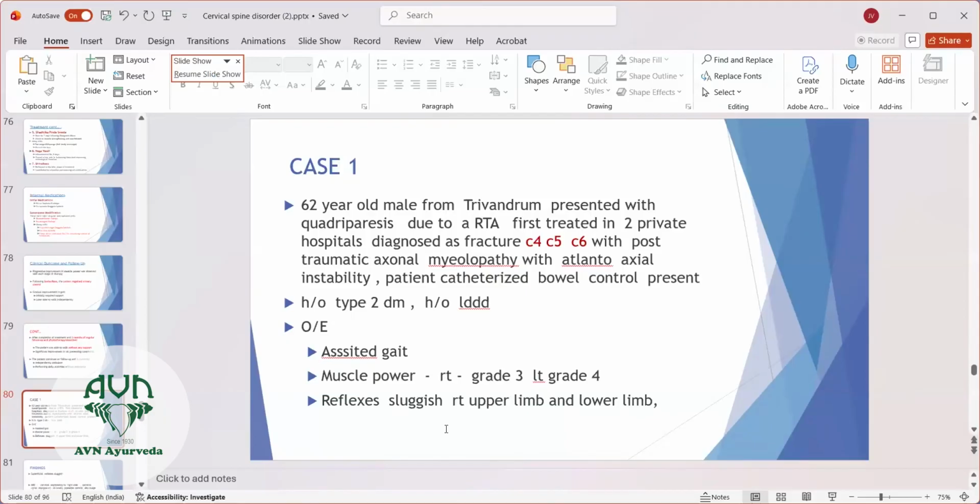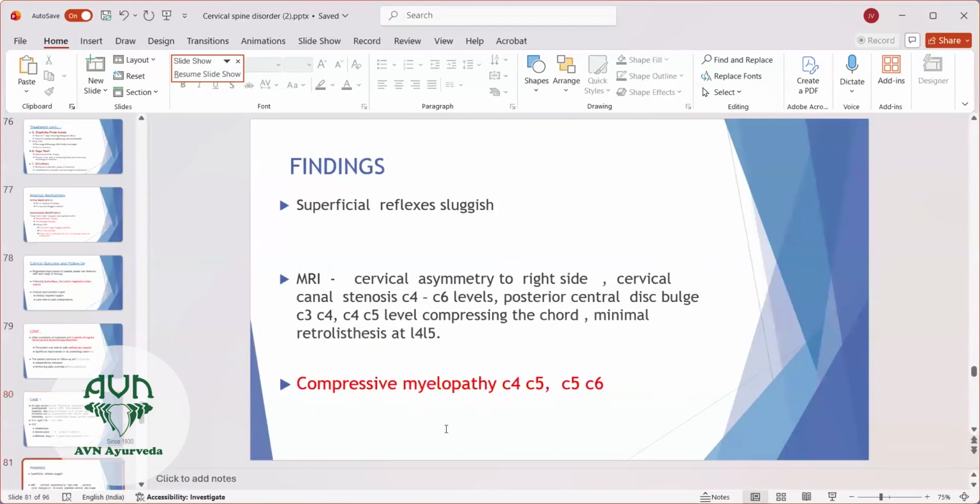Assisted gait; muscle power right grade 3 and left grade 4. Reflexes sluggish in the right upper limb and lower limb. Superficial reflexes also sluggish.